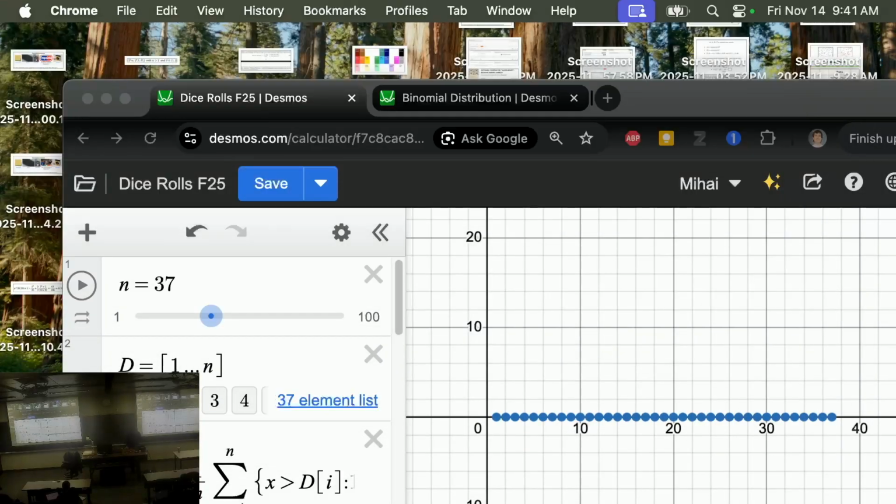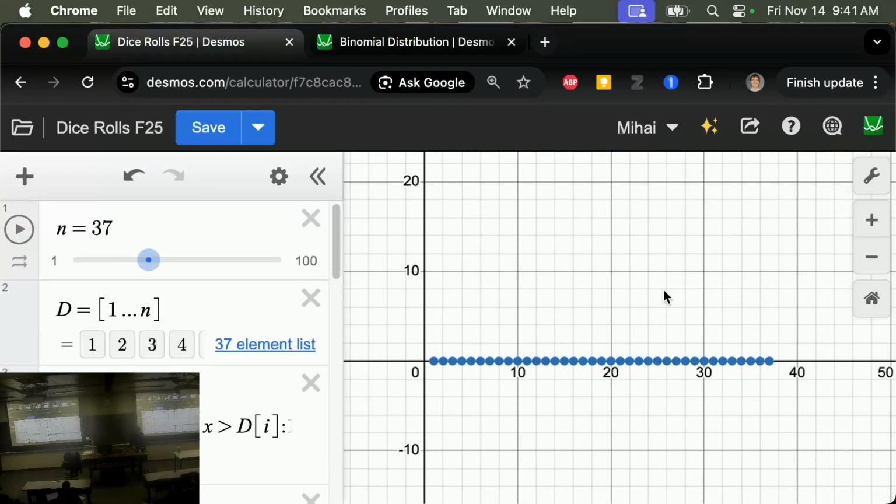And to make it extra provocative for you here, I'm going to hit play and animate this thing, and you can watch what happens to these probabilities as n is getting bigger and bigger. And then the animation will restart, and we'll go back to a one-sided dice, and then we'll have more and more sided dice.